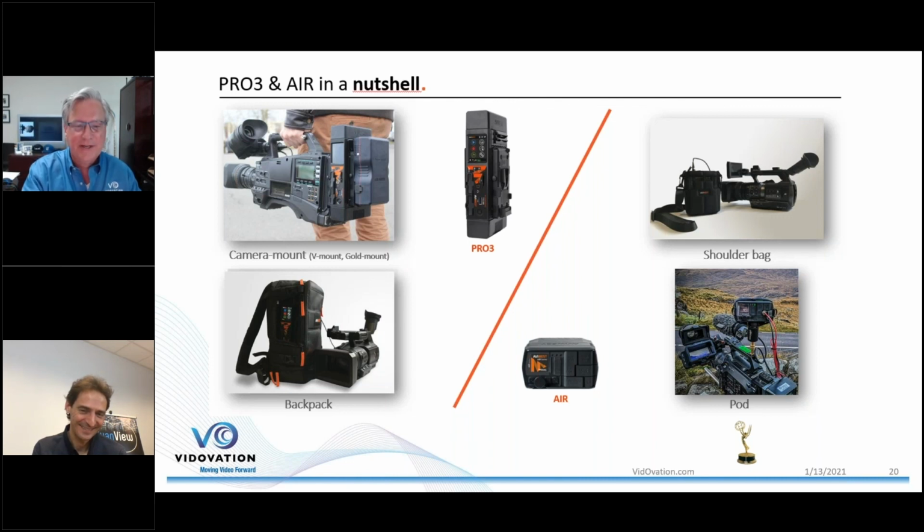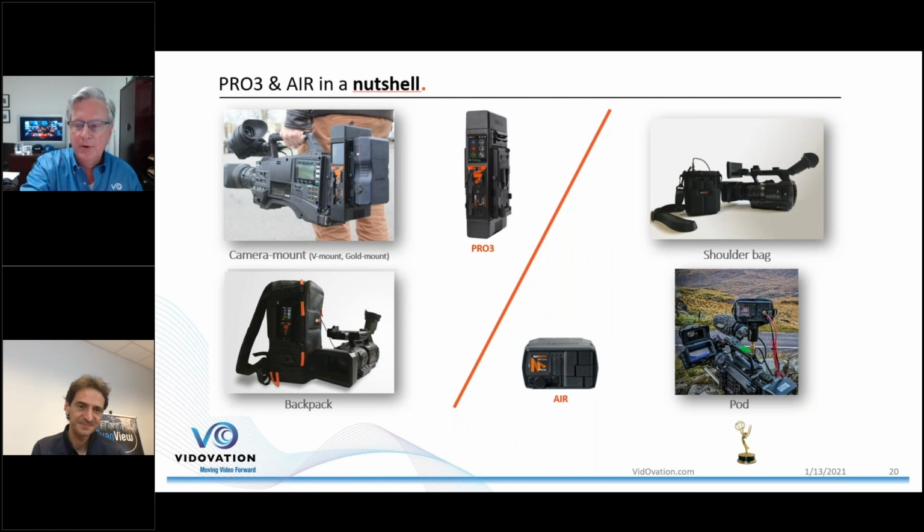Here's a closer look at the units. You see here, top left, traditionally AviWest has always mounted their units on the camera. So if you're using a larger camera that uses an Anton Bauer or V-Lock battery, you can mount it on the camera. Below that, you can put it into a compact little backpack if you're using a camera that does not have an external battery.